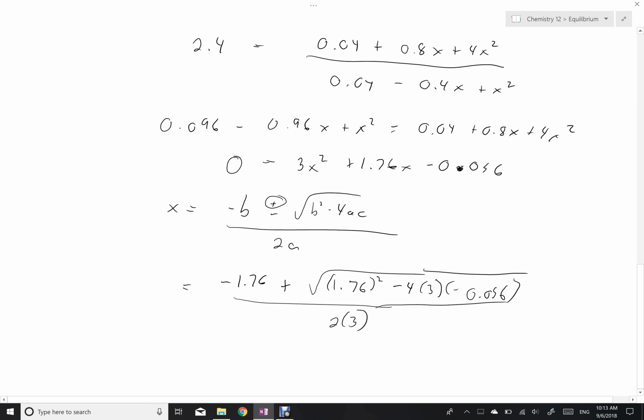So, punching through all of this, I end up with 0.03 for my x value.